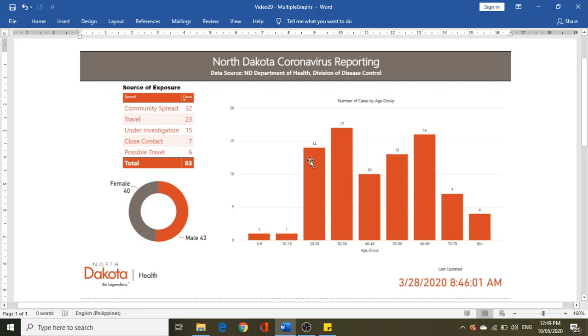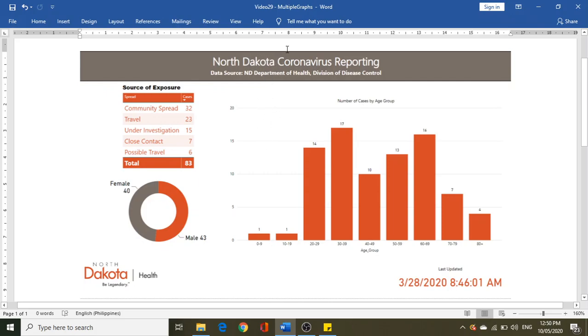The figures that are shown are from a U.S. state, in particular North Dakota. If this were the map of the United States, you would find this state somewhere in the middle of the country, towards the north.